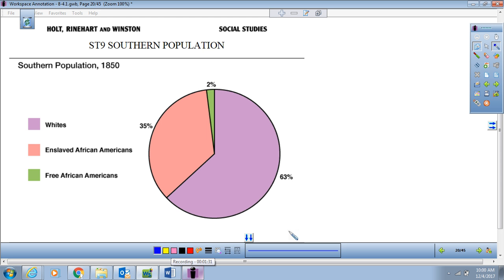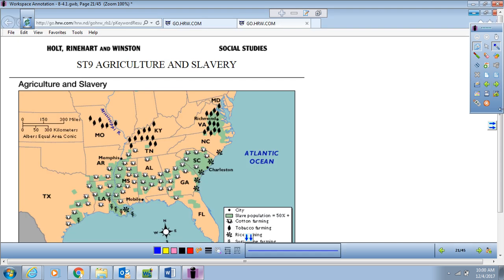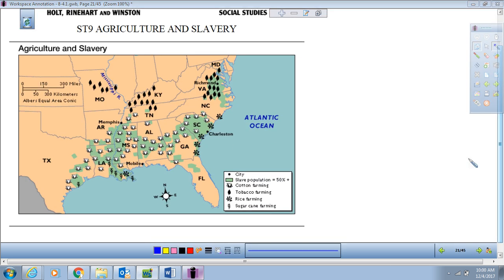But today we're learning about what that culture in the South was like, a lot of the slave culture. And I never showed you this map either, because I did not have it pulled up. But what is the number one cash crop grown in the South back then? Cotton. However, what's still grown in the coastal areas? That's right, rice. And just like we learned, what's grown up in Virginia, the famous Jamestown, tobacco.